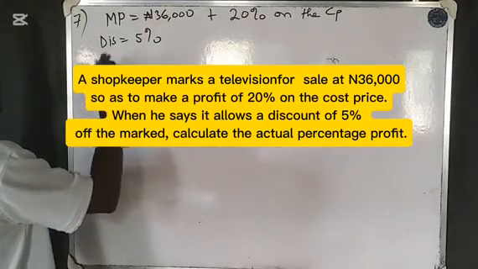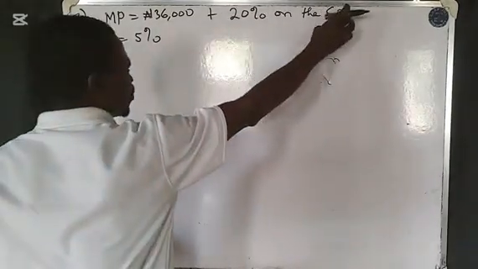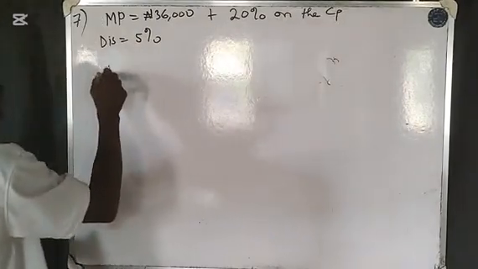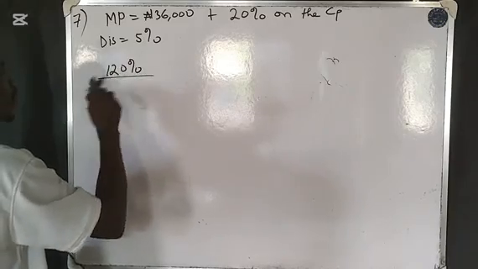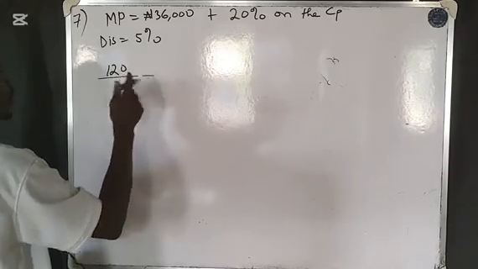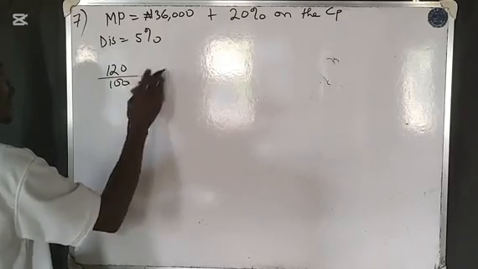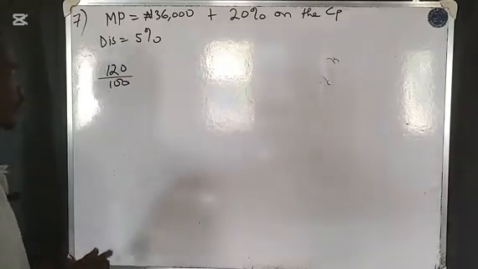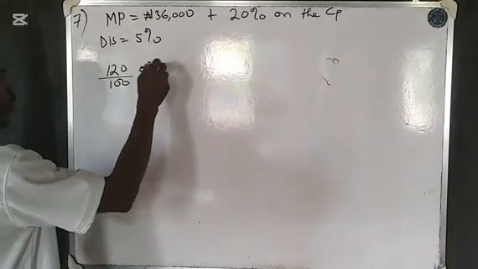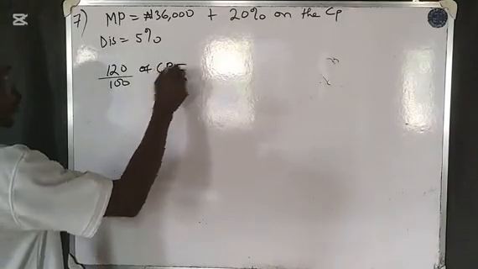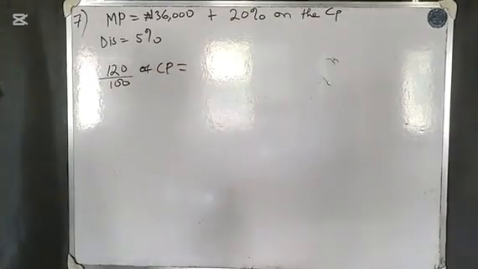So we say 20 plus 100 before. That would be 120%, right? Let's write it as 120 over 100. That's the same as 120%, right? 120% of cost price is equal to what?